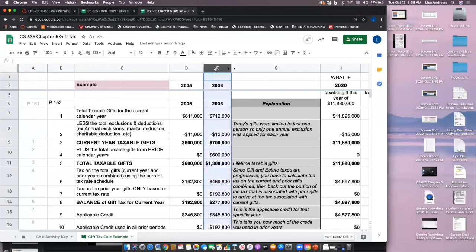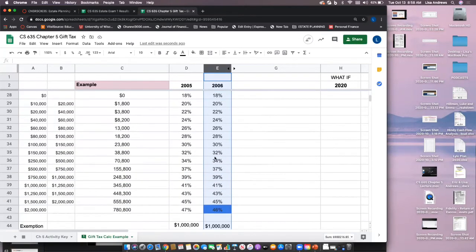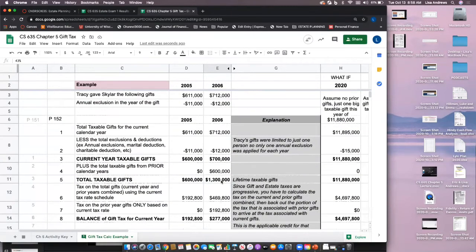So if we take this $1.3 million down to this schedule that existed for 2006, 1.3 is going to be $448,300 plus 43% on the excess. So 43% on the $50,000 that went over that. And that's where you get the 469.8.